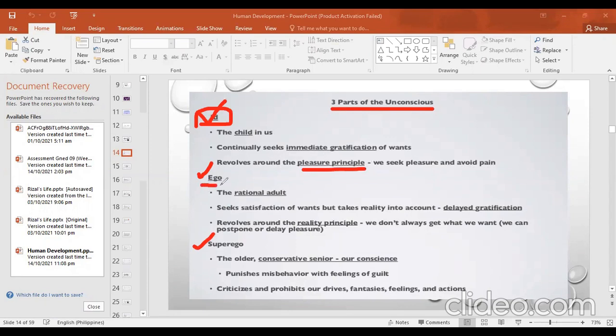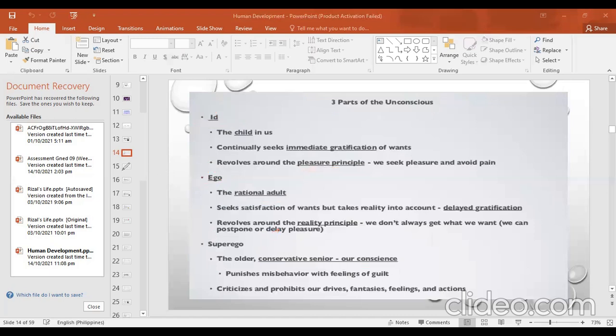Next, we have the ego or the rational adult, kumbaga yung reality na tinatawag, na nagbabalance between the id and the superego. While the superego is the conservative senior or our conscience. So, kumbaga andito, pag sinabi ni id na gusto ko yan, ikokontrahin naman yan ng superego na ibabalance niya kung ano yung tama sa mali.